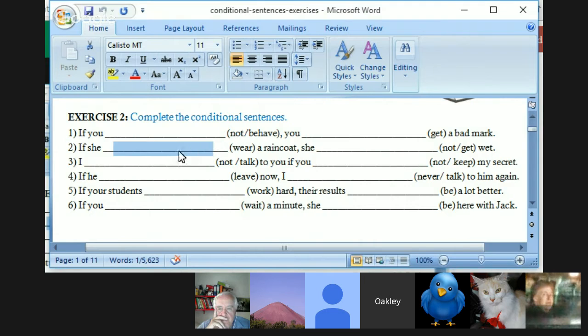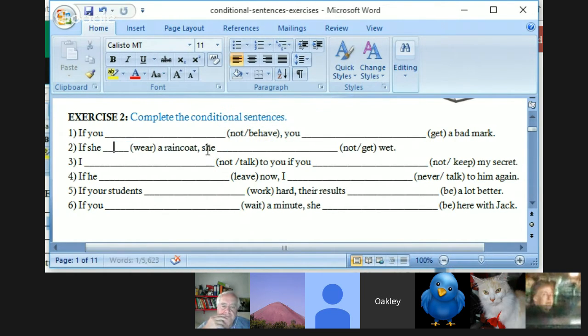Yes. If she, if she wet raincoat, she don't get wet. Okay, Dawn. If she, first of all, we've got to conjugate our verb.